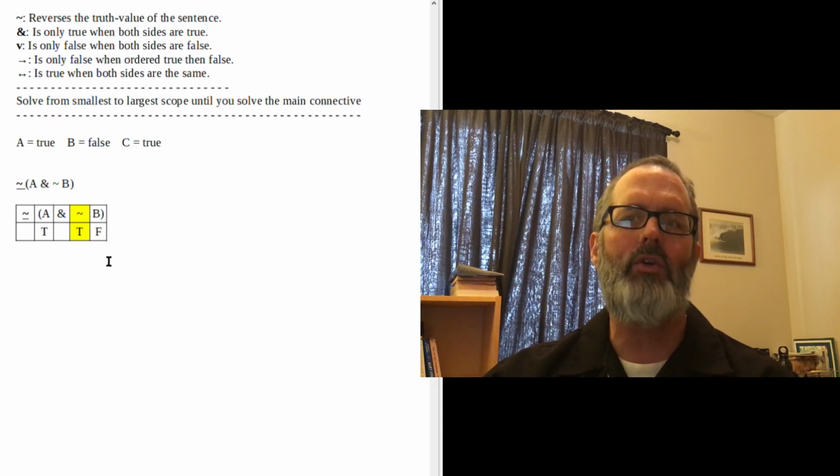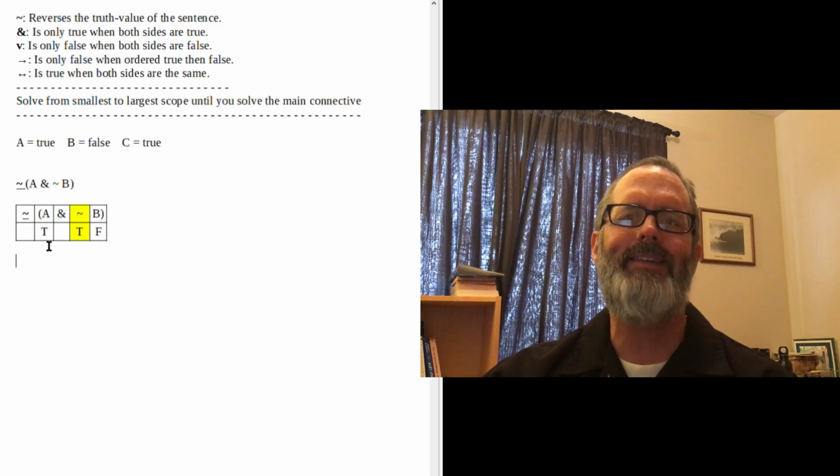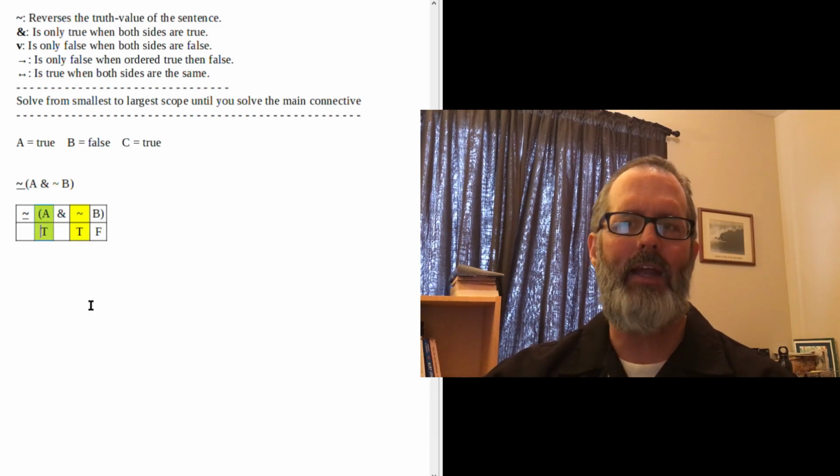If you want to, you can even cross out this value. Make sure you can still see it under the line, but you can cross this out. Good? So now look at what I'm comparing. I'm comparing the value under this negation to the value under this A, in terms of this and. An and's value is determined by this rule. An and is only true when both sides are true.